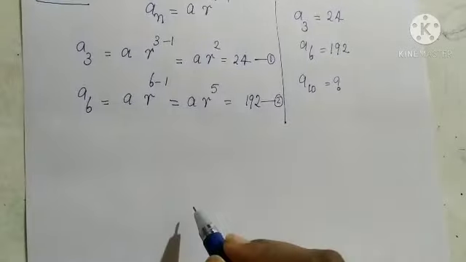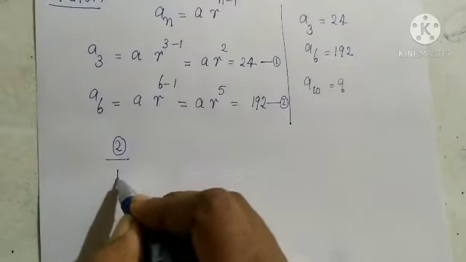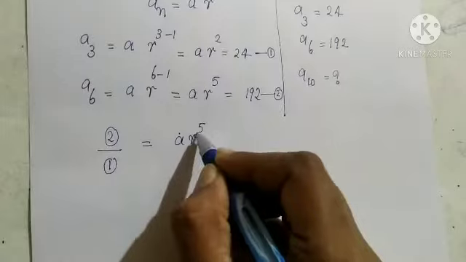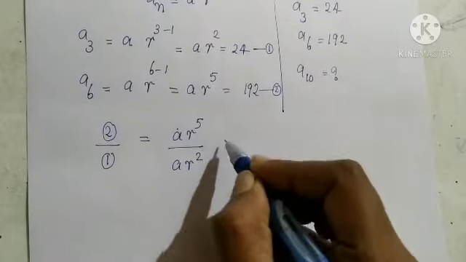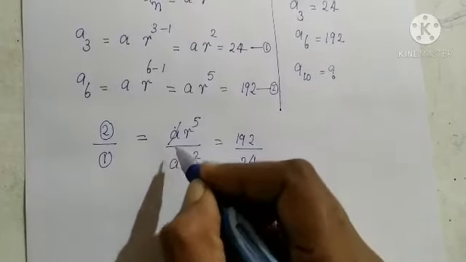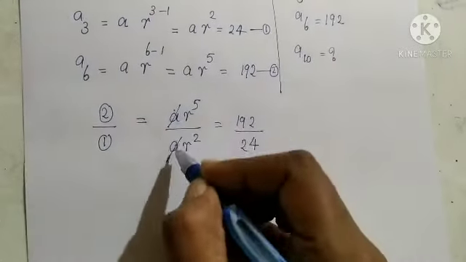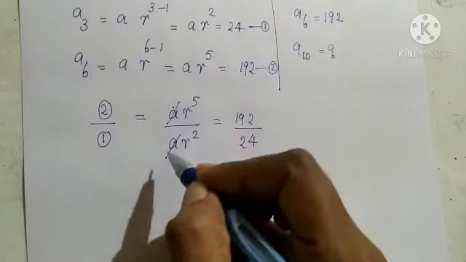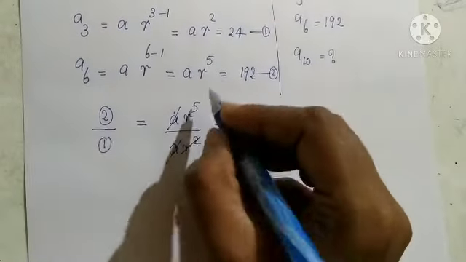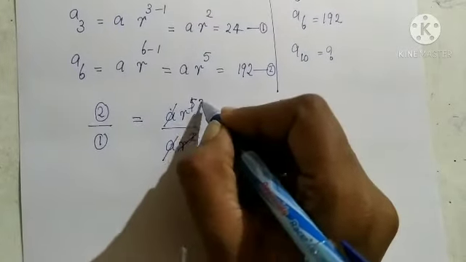Okay, next I am going to divide 2 by 1, we get a r raised to 5 divided by a r square equal to 192 by 24. So cancelling a in both numerator and denominator, and again cancelling r square in numerator and denominator, the numerator will become r cube here.